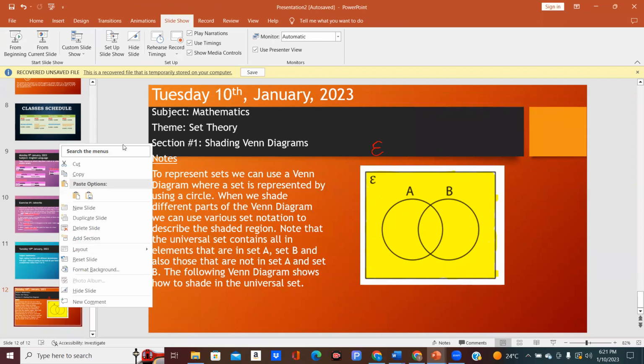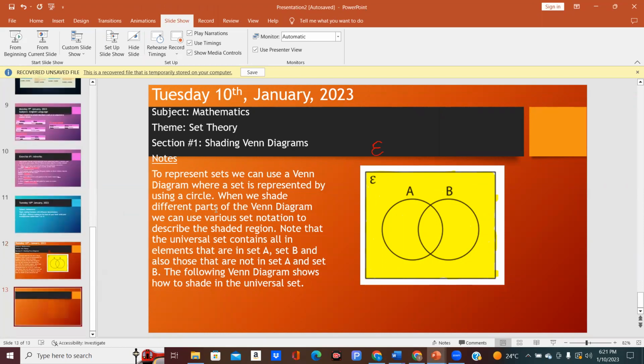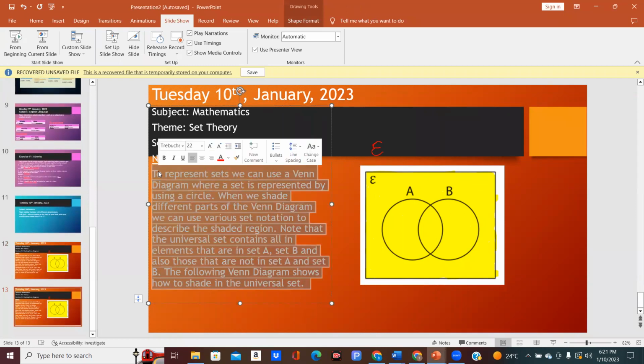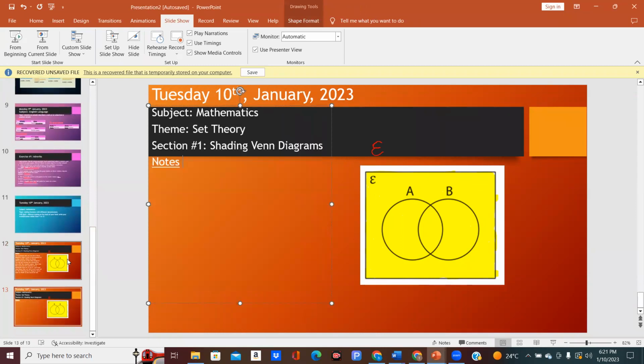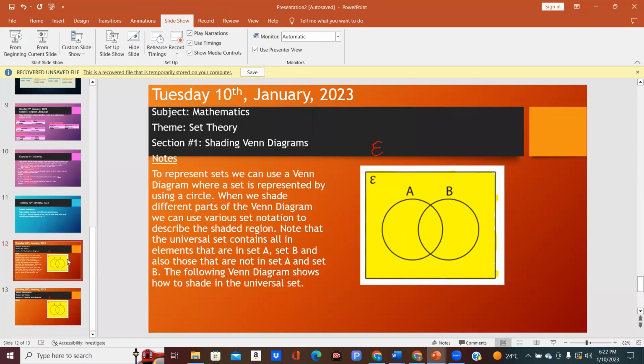All right, so that's universal set. The next thing that we're going to do is the next one. Excuse me, I can screenshot this. Who said screenshot? Samuel. All right, quickly screenshot it, but you have to write it down. Okay, good.